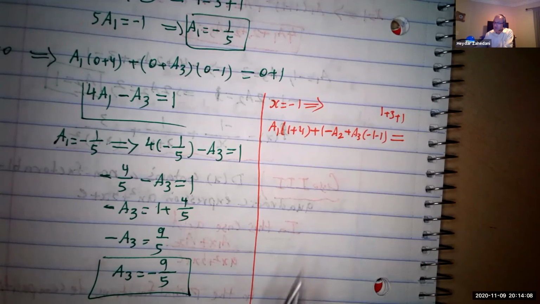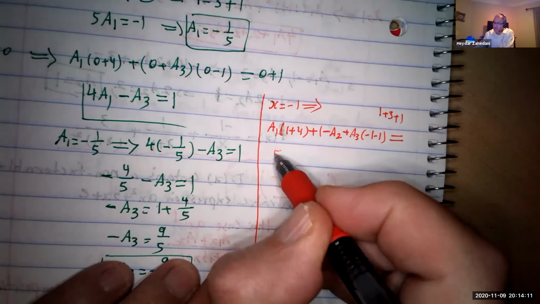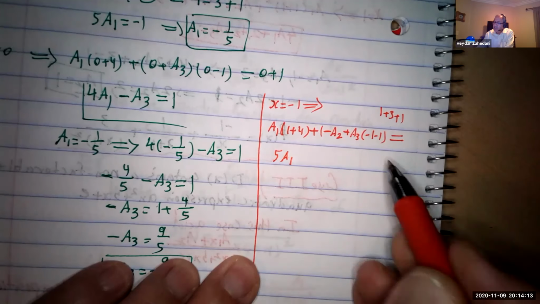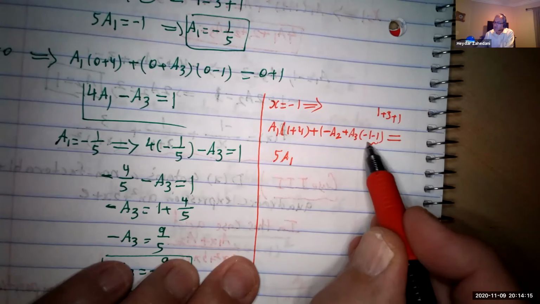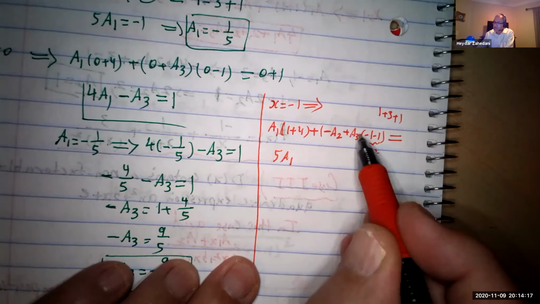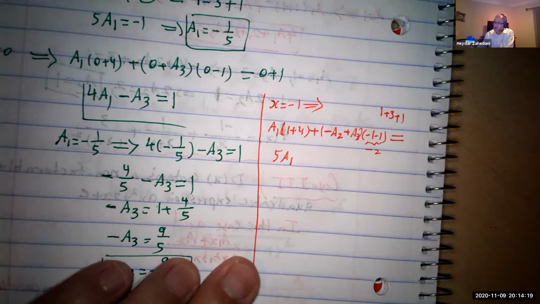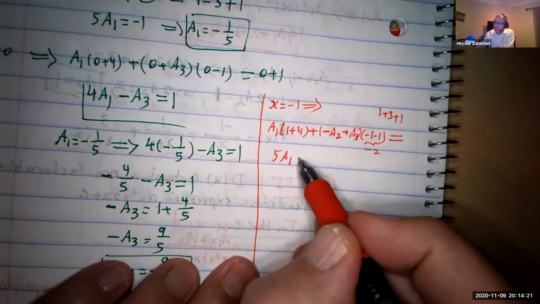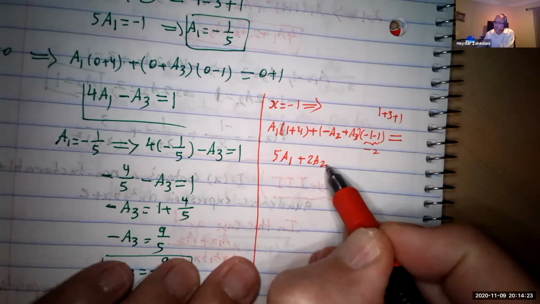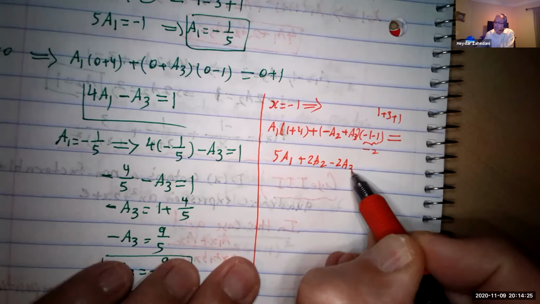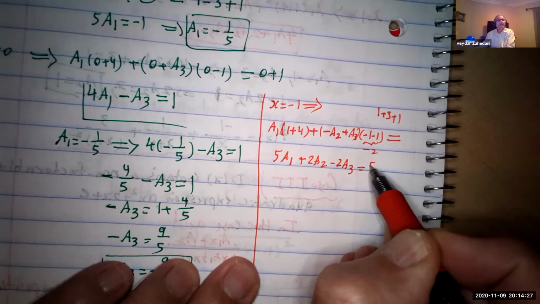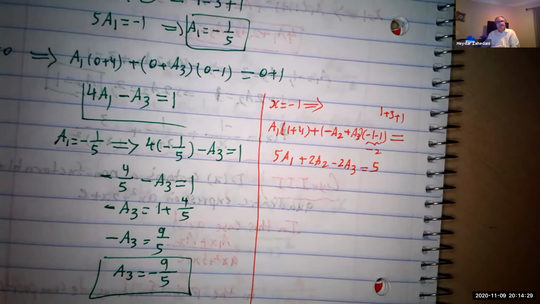Now, put them together. 1 and 4 would be 5a1. And this is going to be a negative 2, a positive 2a2 minus 2a3. And on the other side, we get the 5. Okay, so that would be the resulting equation this time.